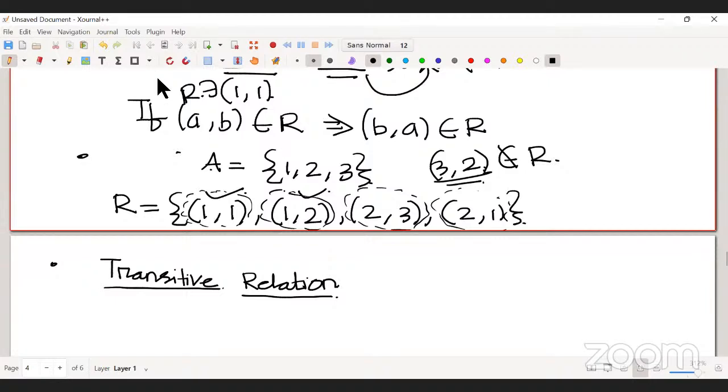Yes, sir. Sir, if 1, 2, 3 is a set, then for a symmetric relation, we should have 1, 1, 2, 2, 3, 3, means whatever the possible combinations, the symmetric of that should also be inside it. Yes, correct.